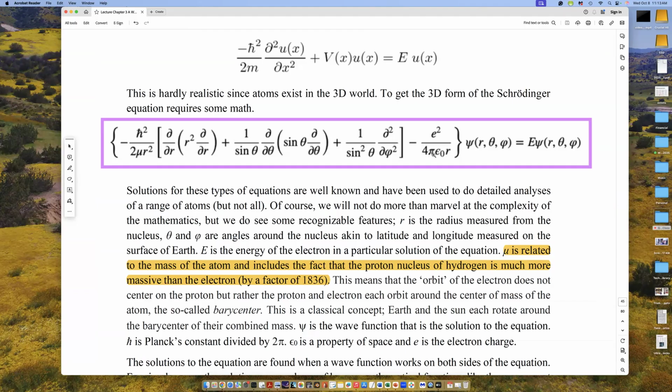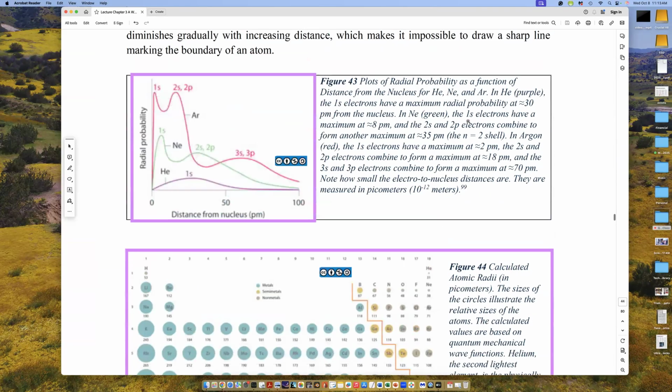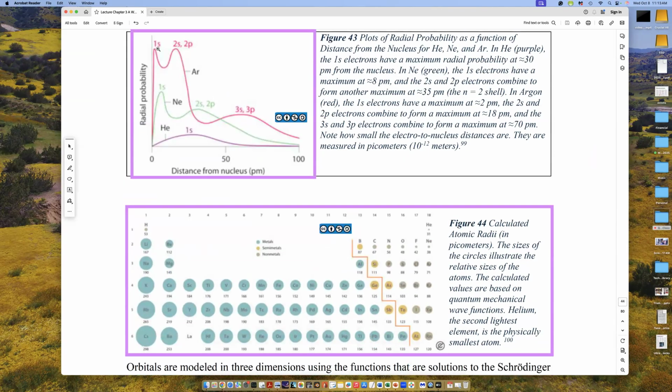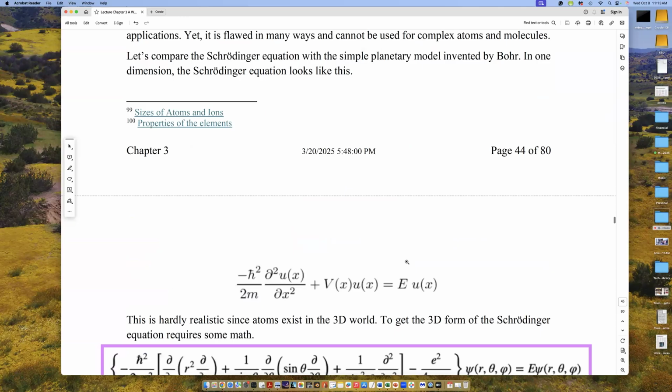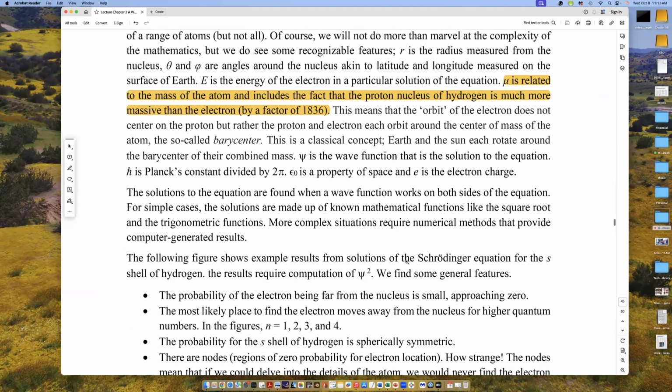There's a number 4 and pi and something, but it's the same kind of thing we saw before the break. So this is the equation you have to solve in 3 dimensions to get these predictions of the size of the electron clouds. To get that accurately, you have to do these calculations. And they have been done.